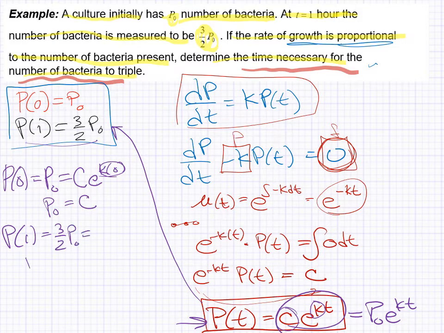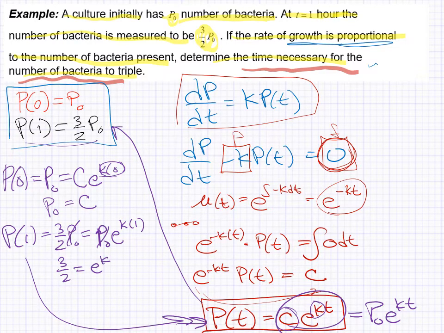When I plug 1 into P sub 0 e to the k times 1, I can find k, because the two P sub 0s cancel. I divide it out and get 3/2 equals e to the k. Then I can get rid of the e by taking the log of both sides. So log of 3/2 equals k.